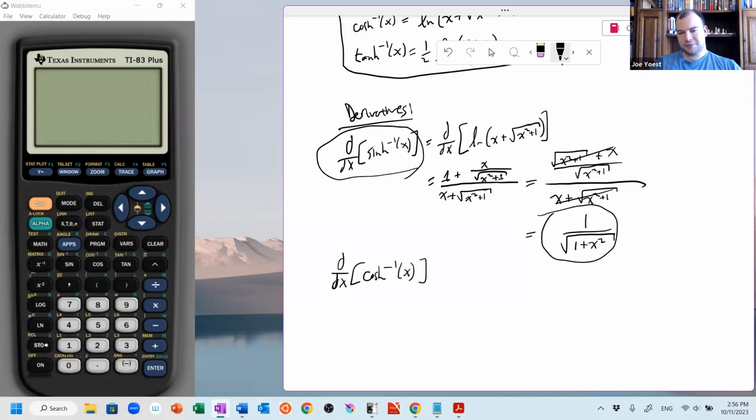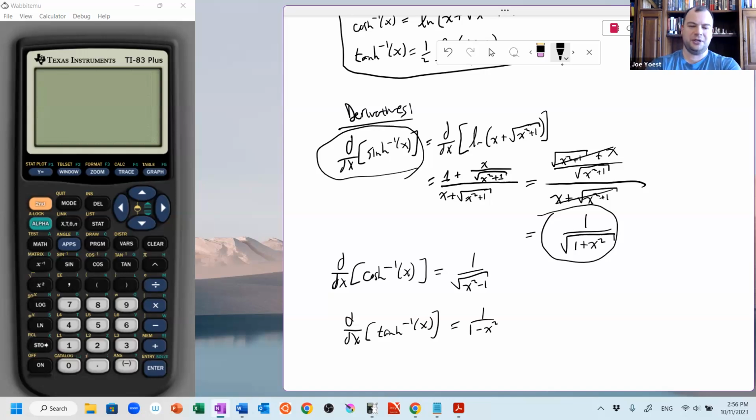Derivative of arccosh is 1 over root x squared minus 1. And derivative of arctanh is 1 over 1 minus x squared.